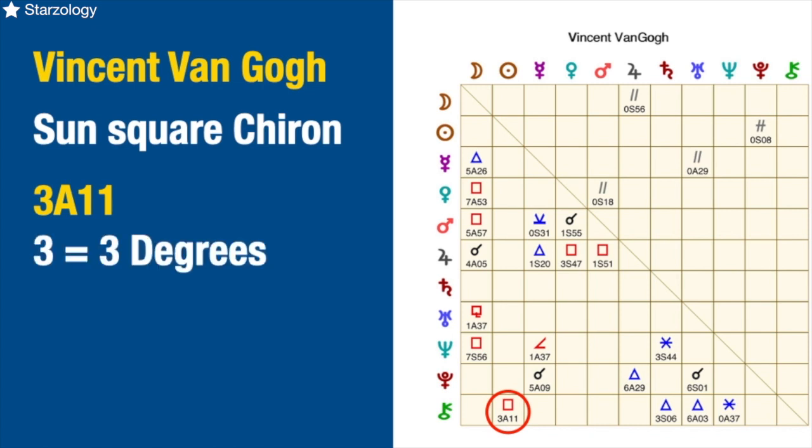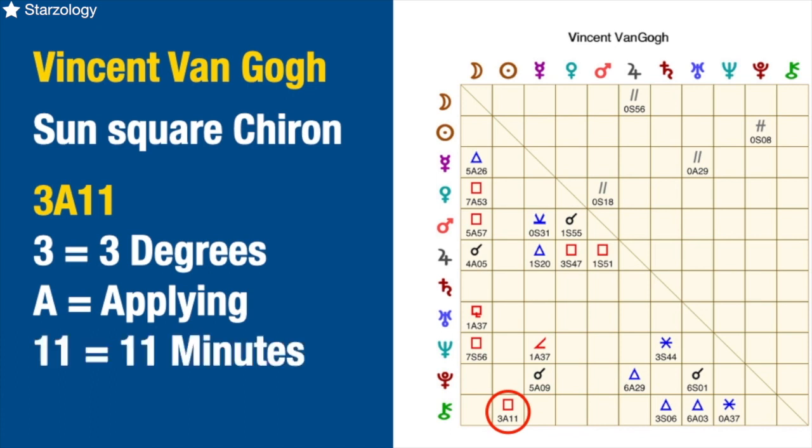The 3 is the number of degrees of the orb. The A means that it is an applying aspect and not a separating aspect. And the 11 shows the 11 minutes in the orb. So in his chart he has Sun square Chiron with a 3-degree 11-minute orb, and it is an applying square. That's what it's telling you.